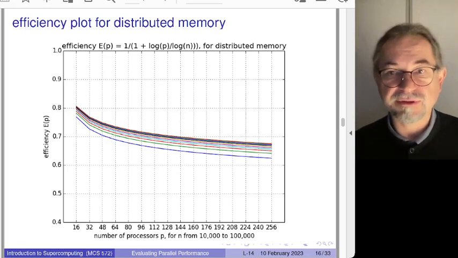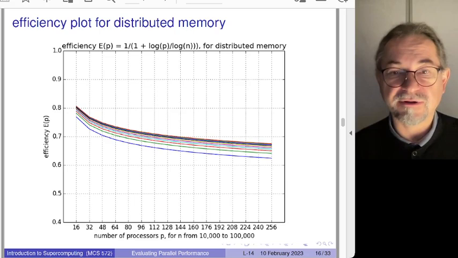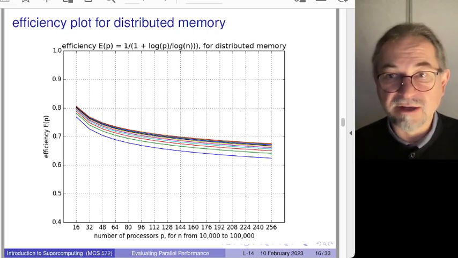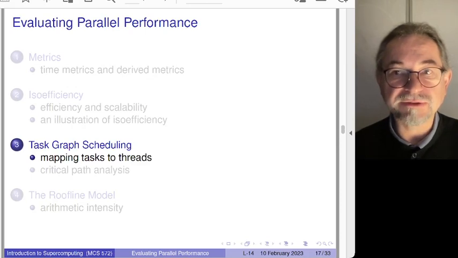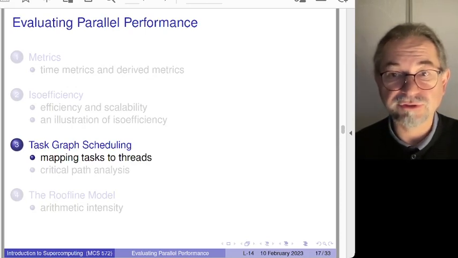You could use plots like this to justify the purchase of a many-processor machine, or the consideration of many processors, if you have a scalable algorithm. Okay, so that was a very brief introduction to isoefficiency.